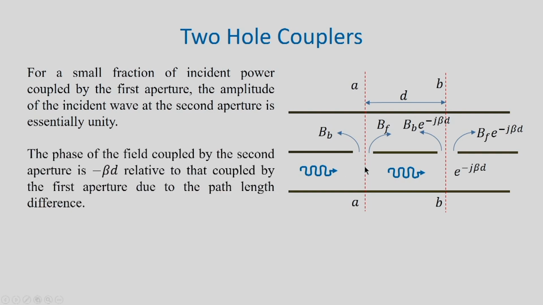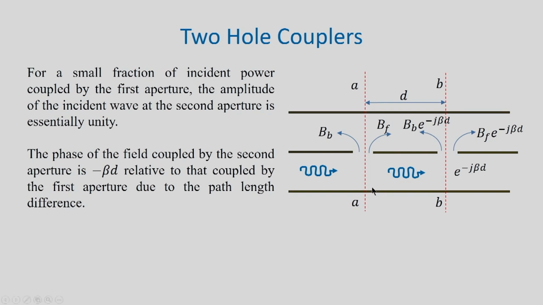Now, the wave travels over this distance d. If BF represents the coupling from the first aperture, then in the second aperture, because of this distance d, the amount of field that will be coupled is BF into e to the power minus j beta d. Because the wave was 1 here, here it becomes e to the power minus j beta d.